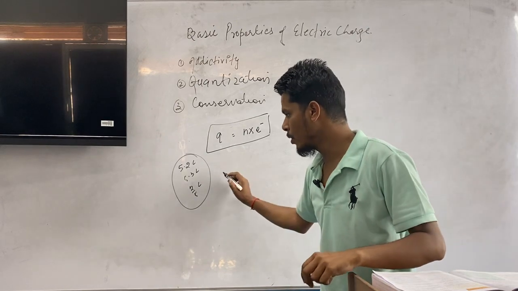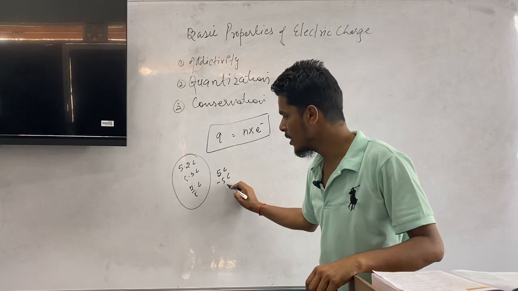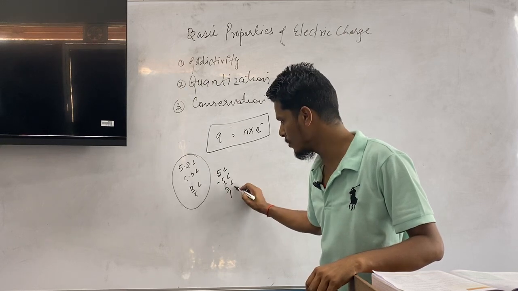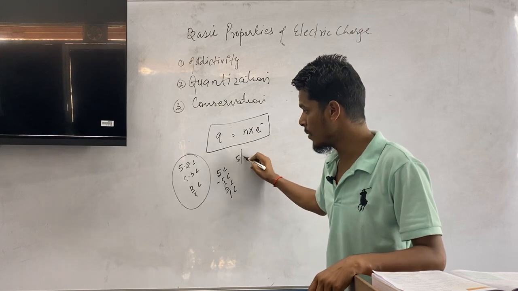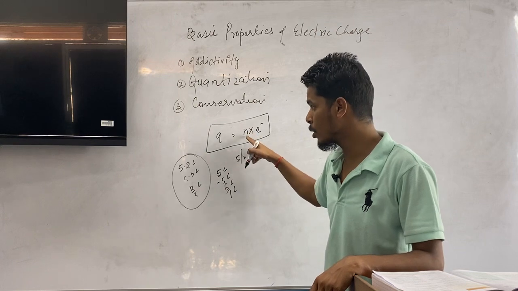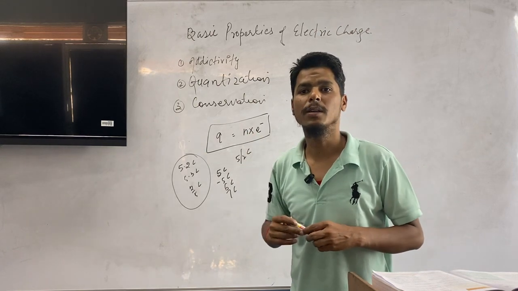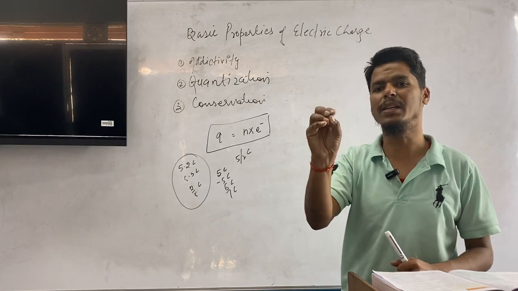That means a body can have charge 5 coulomb, this may be possible, minus 5 coulomb, 6 coulomb, 7 coulomb, this may be possible. But if someone says a body has the charge 5/2 coulomb, this cannot be possible. Why? Because the number of electrons cannot be a fraction. It must be an integer.